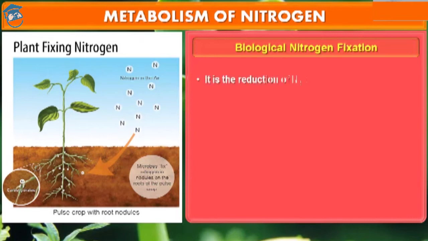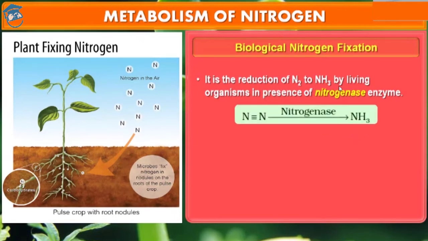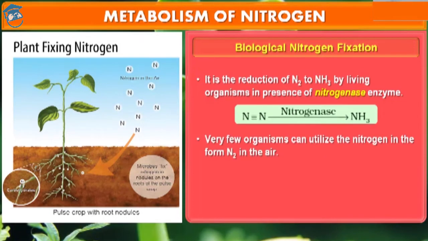It is the reduction of nitrogen to NH3 by living organisms in the presence of the nitrogenase enzyme. See, conversion of nitrogen, N triple bond N, into NH3 in the presence of nitrogenase enzyme. As I told you, very few living organisms can utilize nitrogen, which is available abundantly in the air.